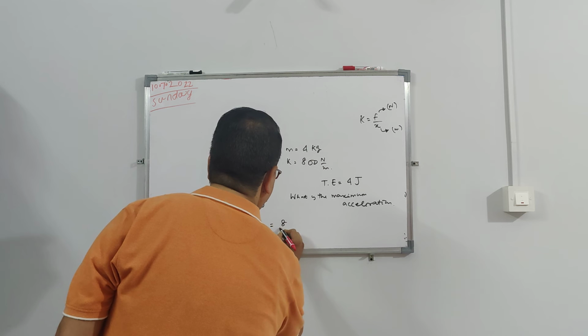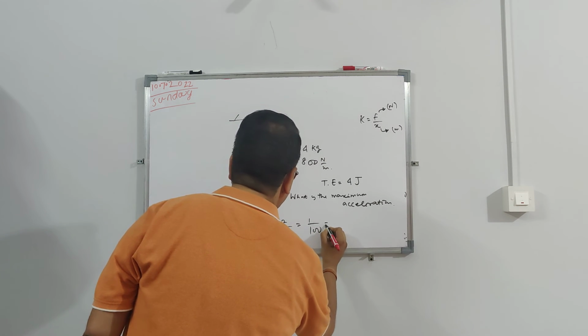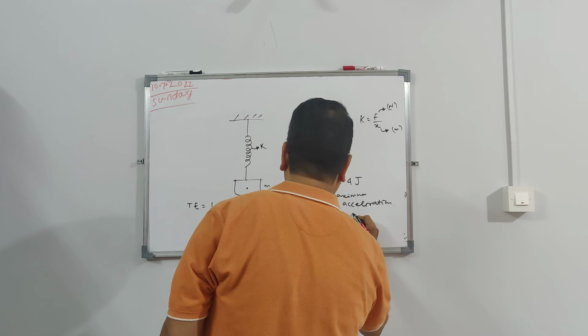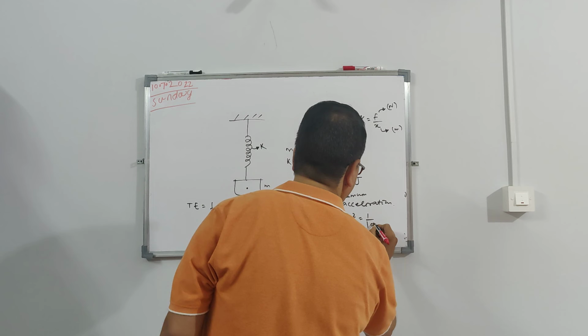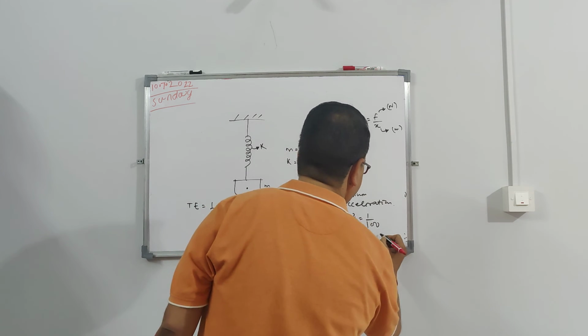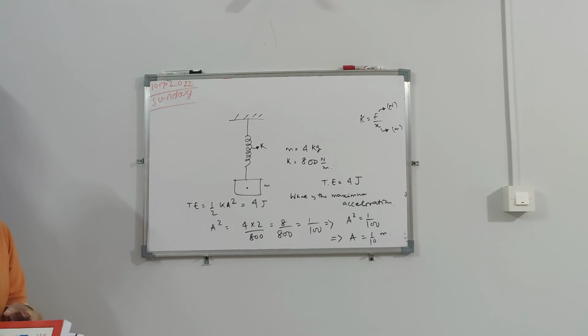So it is 8 by 800, which is equal to 1 by 100, that is 10 to the power minus 2. A square is equal to 1 by 100. That implies A is equal to 1 by 10 meter, everything in one unit.